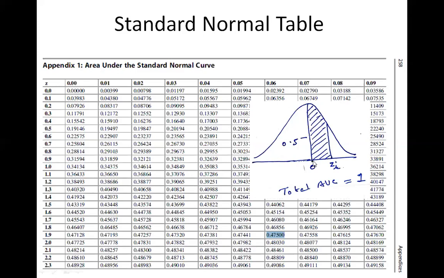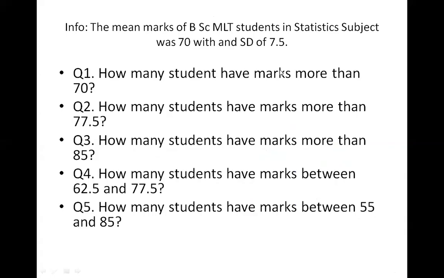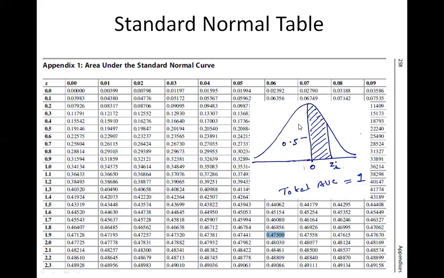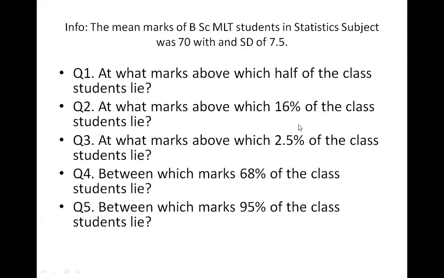So number of students after 0 will be half of this total area, that is 50% or 0.5. So it is very simple both ways, either by common sense or by looking into this table.